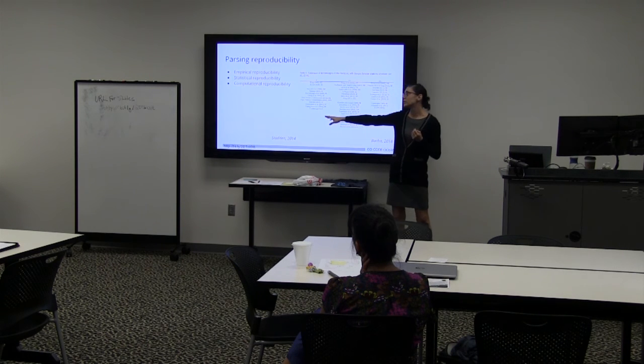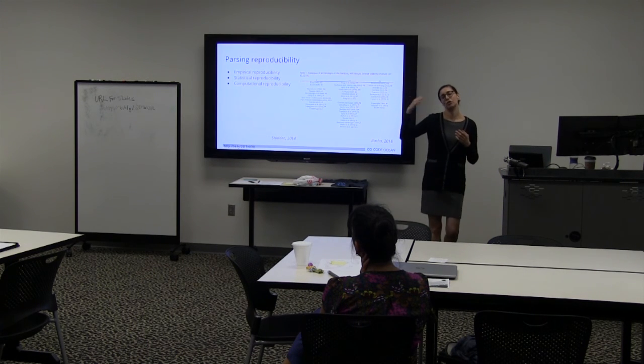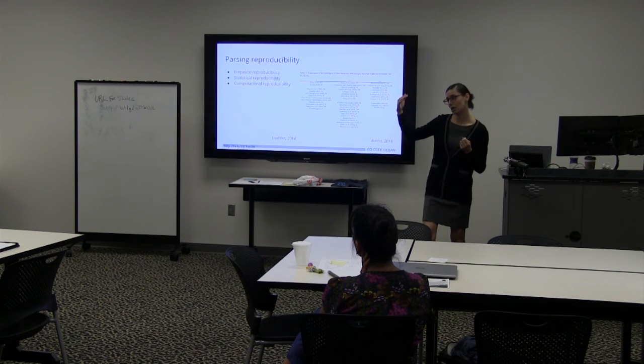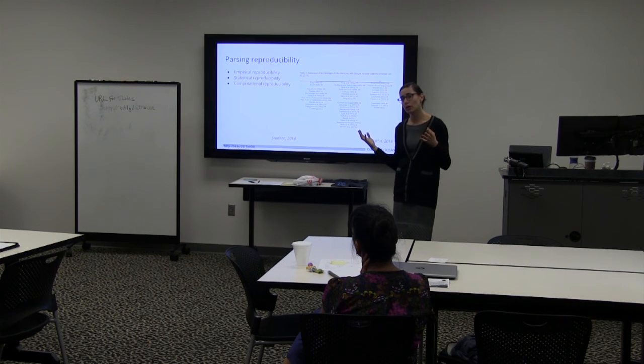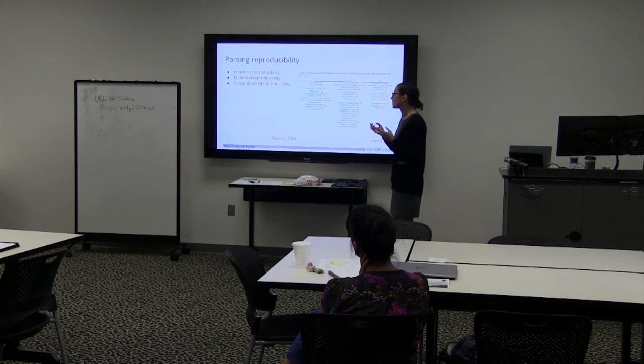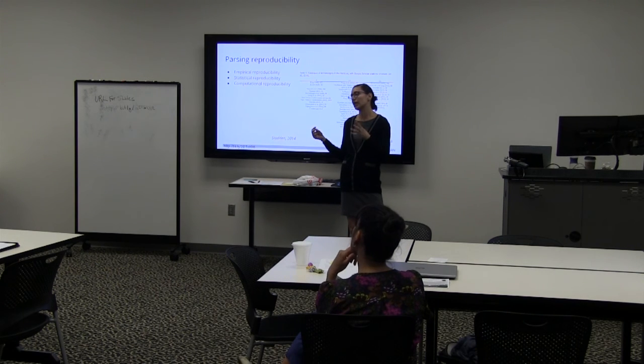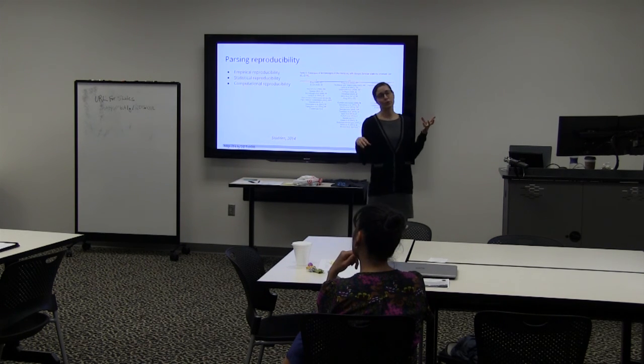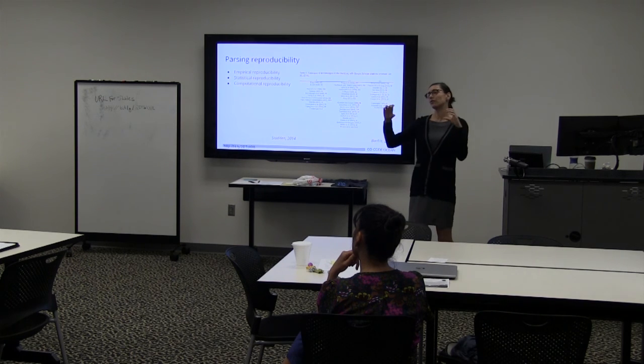The Victoria Stodden ones are useful because she breaks it down into 3 types of reproducibility. She talks about empirical reproducibility, which is sometimes called replication, which is when you're actually redoing someone's entire study to see if you can get the same results. Statistical reproducibility has to do with those issues in reproducibility related to your statistical methods and choices. And computational reproducibility is the baseline of reproducibility.